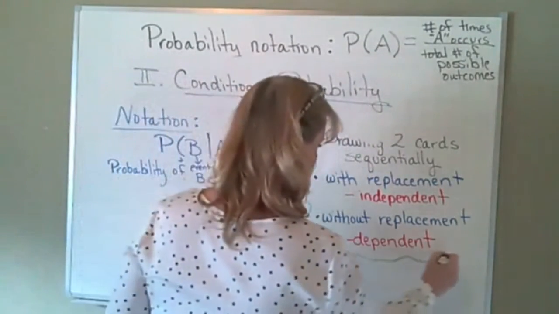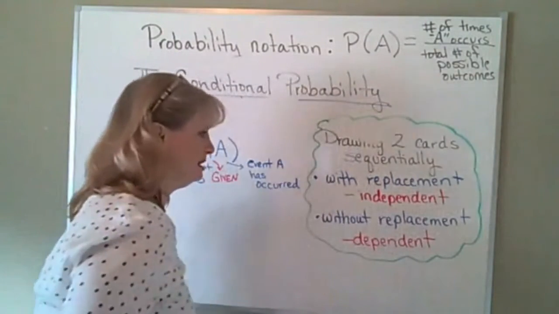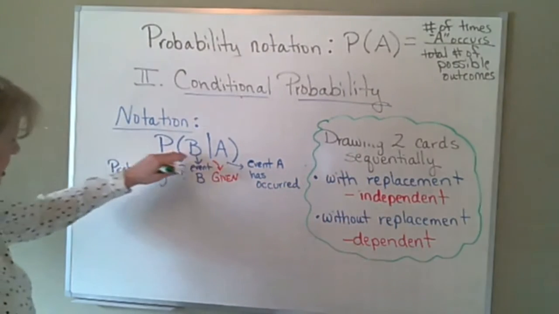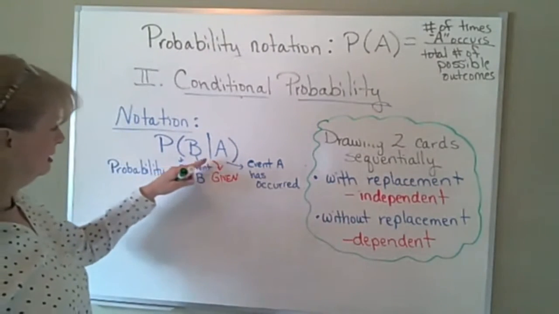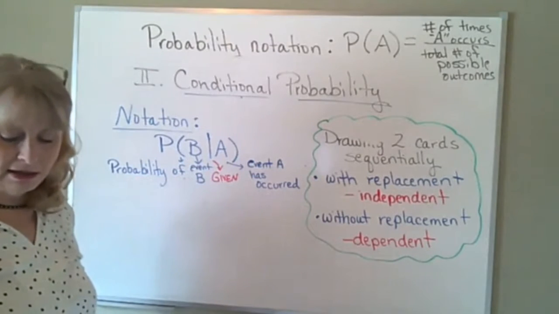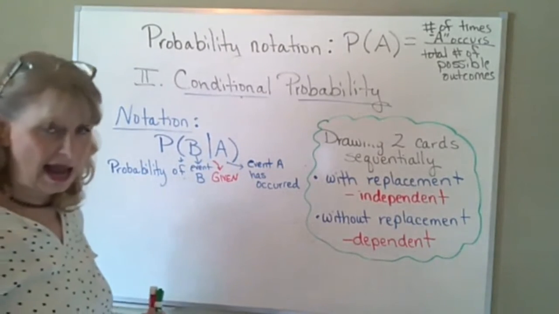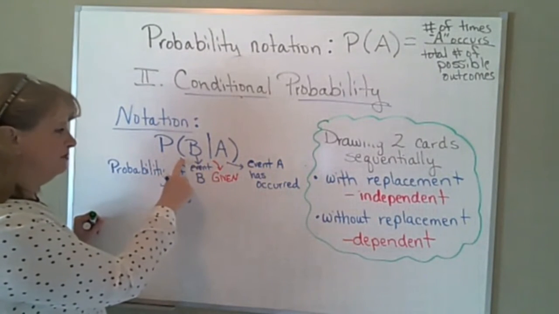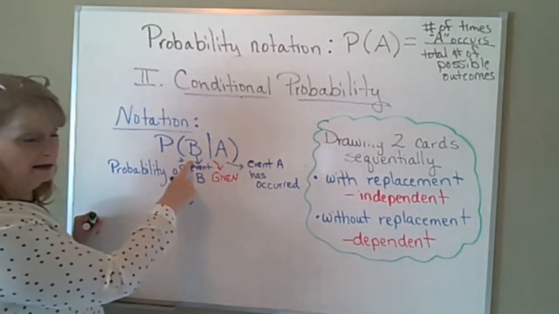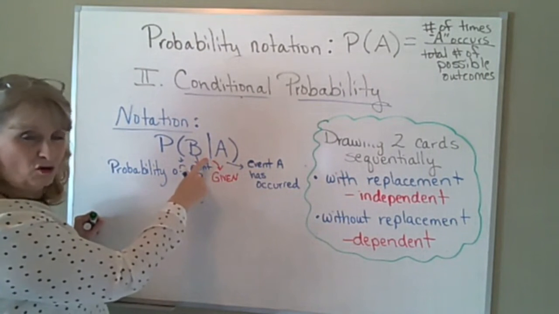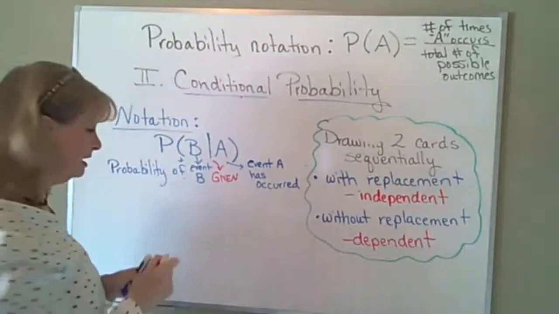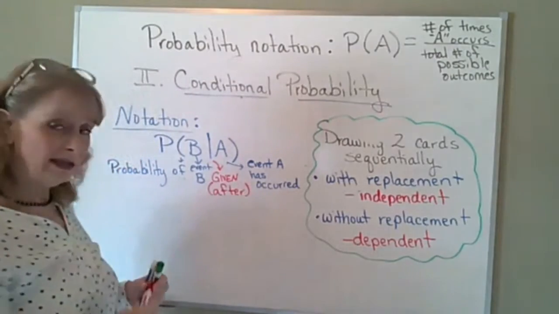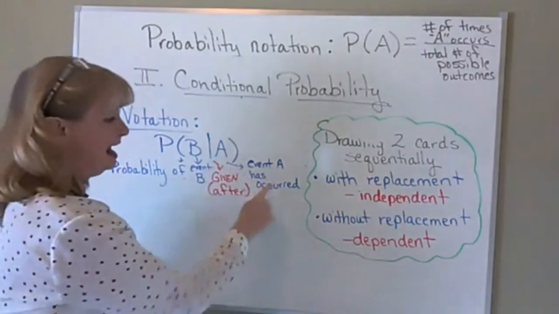So I'm probably going to use one of these examples, one of these two things, and talk about a conditional probability. When you see this notation, the probability of B given A is one way to read it, but if I want to be very exact, this means the probability of event B occurring given, or you could even say after, given or after event A has occurred.